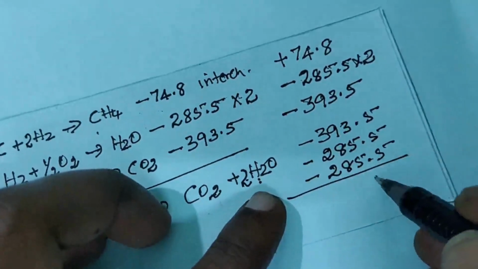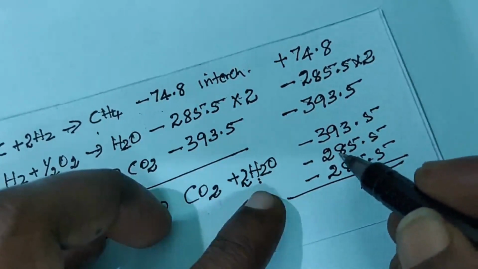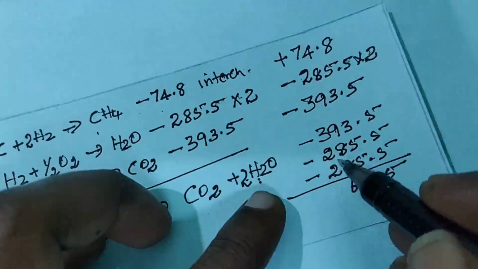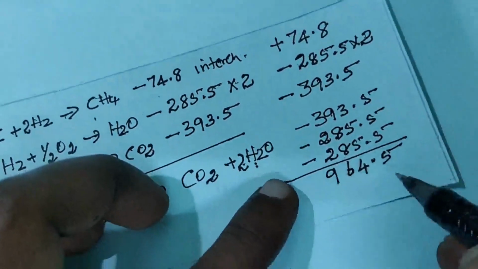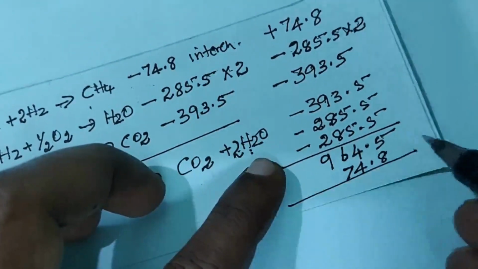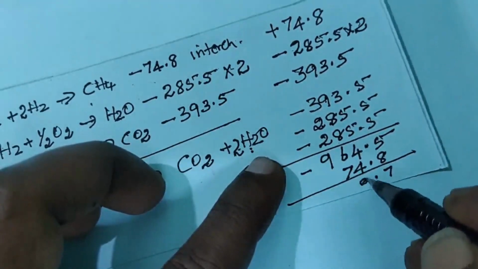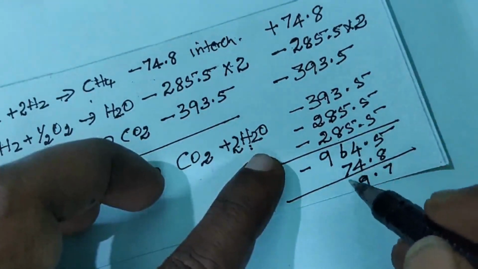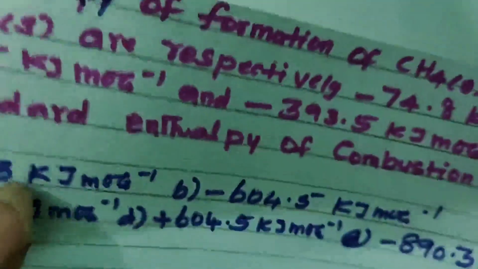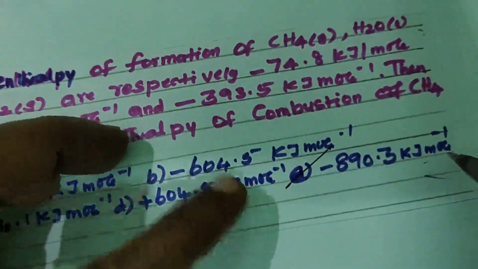Add these values, and then the 74.8. Solving, we get minus 890.3 kilojoule per mole.